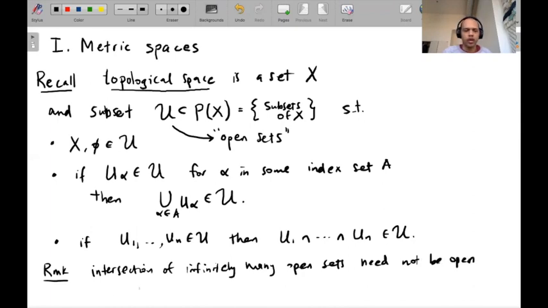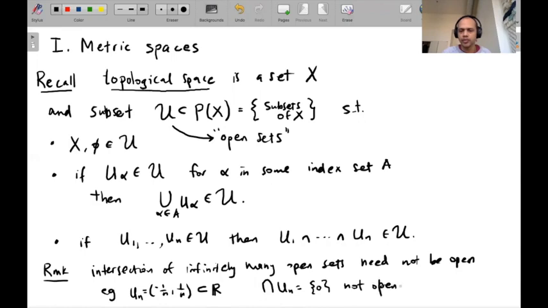So for example, the intervals minus 1 over n to 1 over n in R, if we say that's Un, these are open sets, but their intersection is just 0, which is not open. Okay, so we have these shrinking open sets whose intersection is just 0.